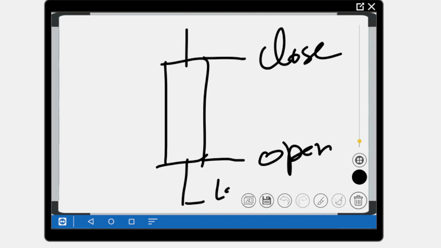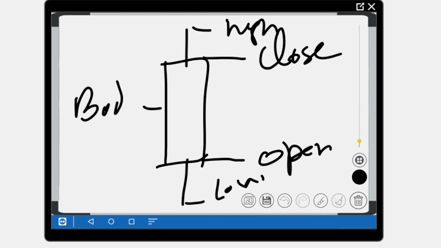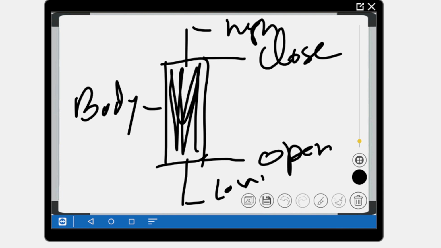We know that this is the low, this is the high, and this is the body. So this is a bullish candlestick. During that period, price opened, went down, made a low, and went up to make a high, and came down to close above the open. If price closes above the open, we have a bullish candlestick.